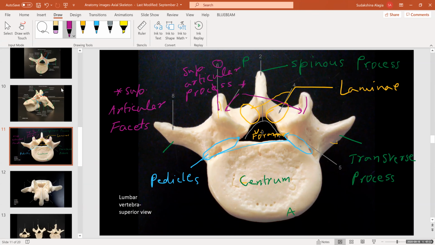These articular facets are basically to articulate with other vertebrae. Just the way the lumbar vertebrae are shaped, they have to bear most of the body's torso weight. So the articulation between two lumbar vertebrae is slightly different, and that dictates where the articular facet is going to be.